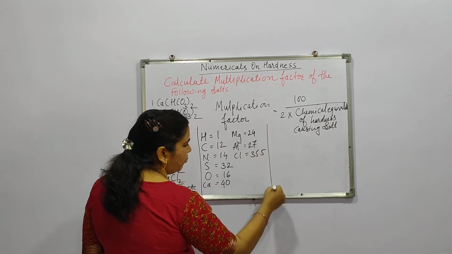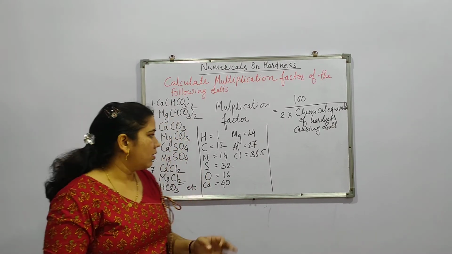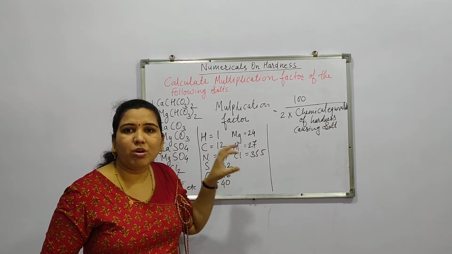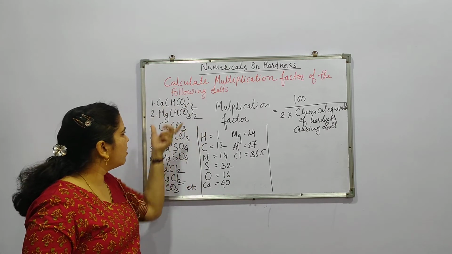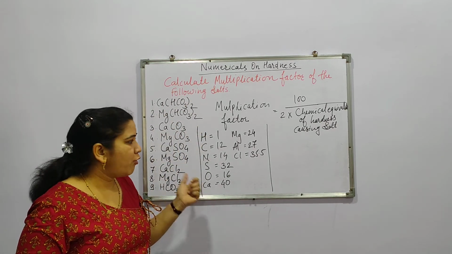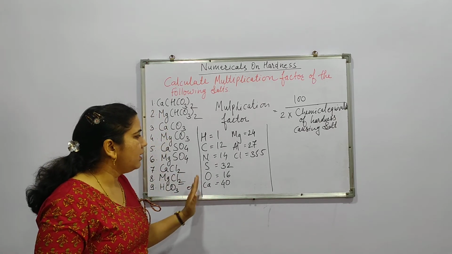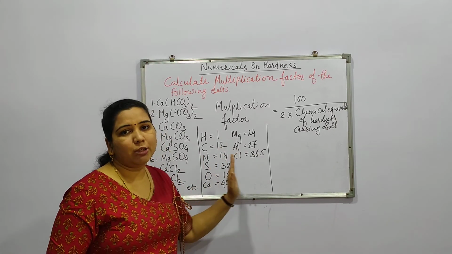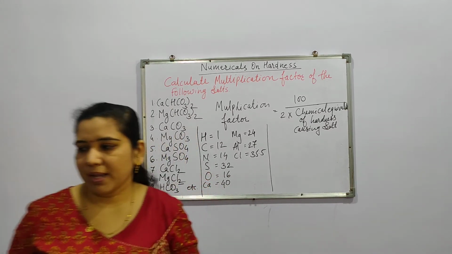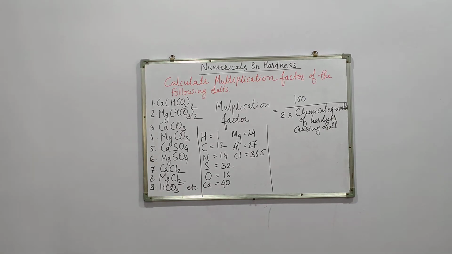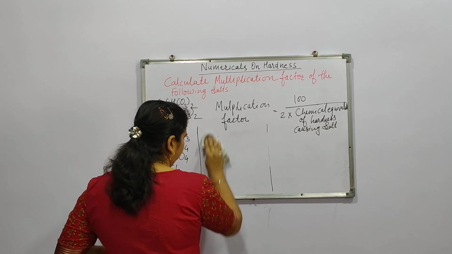These are the different atomic weights. You can learn these, because beyond these you will not require other atomic weights, as all the salts here are made from these atoms. From these atomic weights we first have to calculate the molecular weight. So by rubbing this we will move forward. These are the atomic weights.